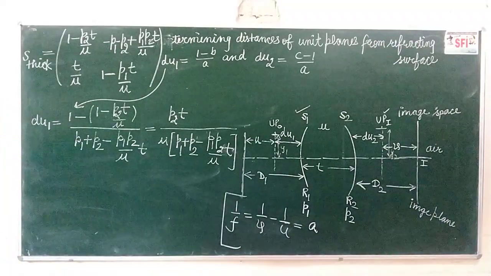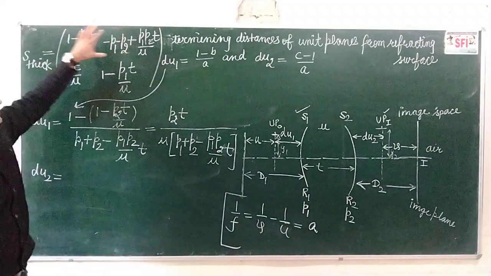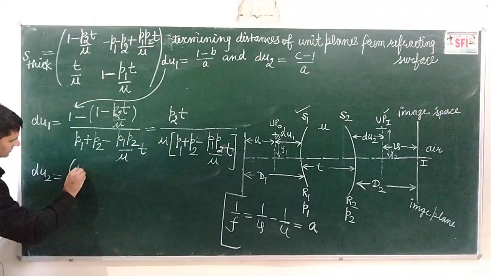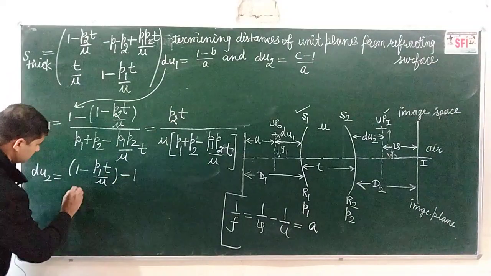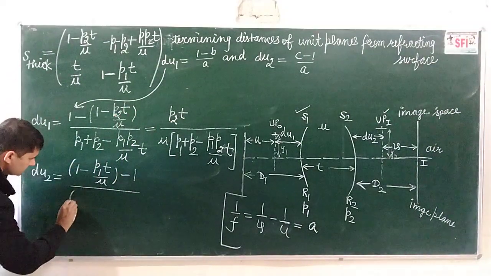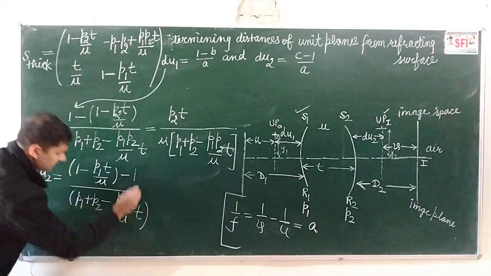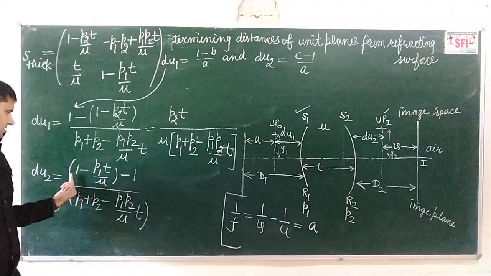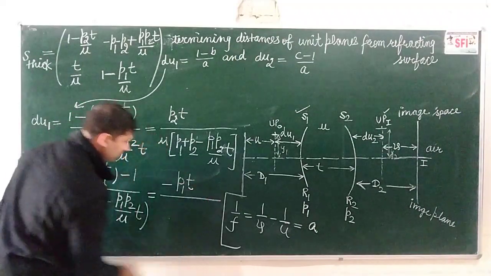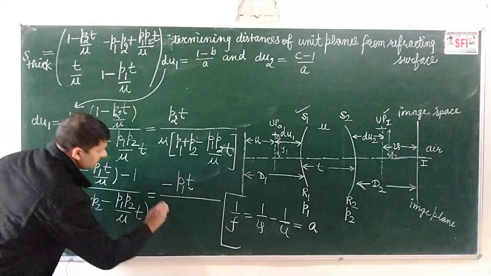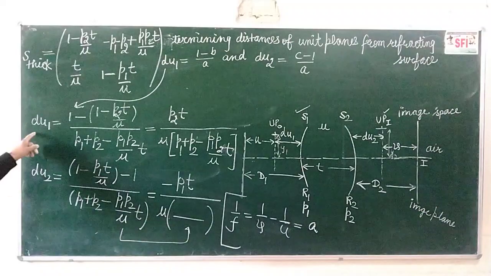Firstly, find du2. du2 is C minus 1, and C is 1 minus P1 into T by mu, so C minus 1 gives minus 1 here, and you divide it by A, which is again P1 plus P2 minus P1 P2 by mu into T. If you open the bracket, plus 1 minus 1 cancel, and you are left with minus P1 into T divided by mu, and the denominator is the same. So you have calculated the values of du1 and du2.